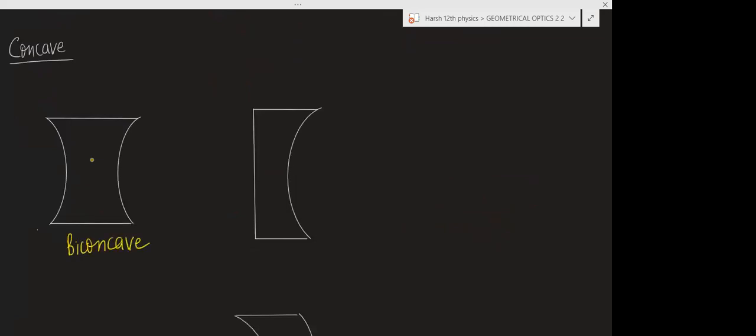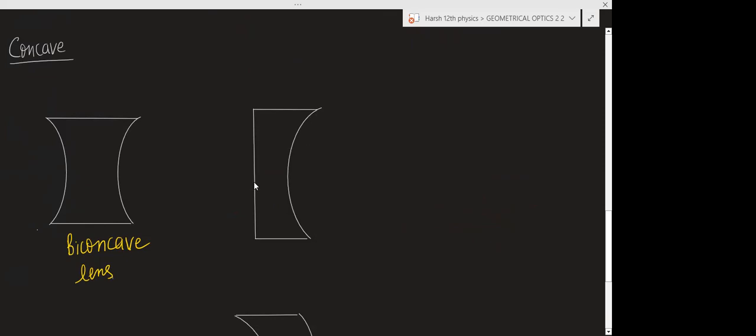In the same way, we can classify the concave lens. This lens is known as the biconcave lens because it is bounded by two concave surfaces. And this one has one plane surface and one concave surface, bulging inward.